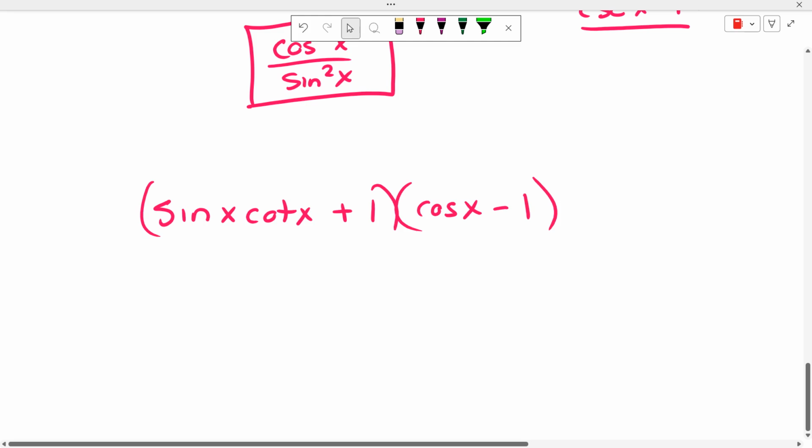This is FOIL again, but we're going to wait just one step to FOIL it. The reason why I'm waiting one step is I see a cotangent times a sine, and I'm wondering, maybe I can simplify that a little bit. How could I simplify that a little bit?